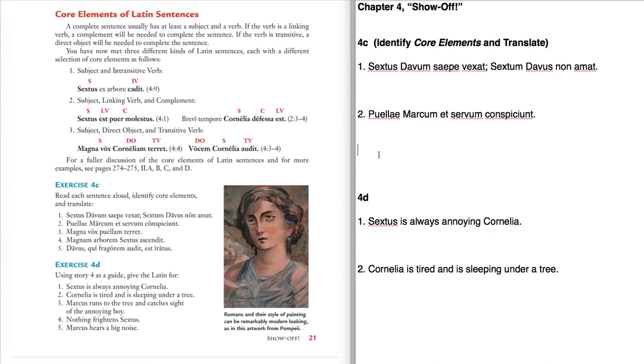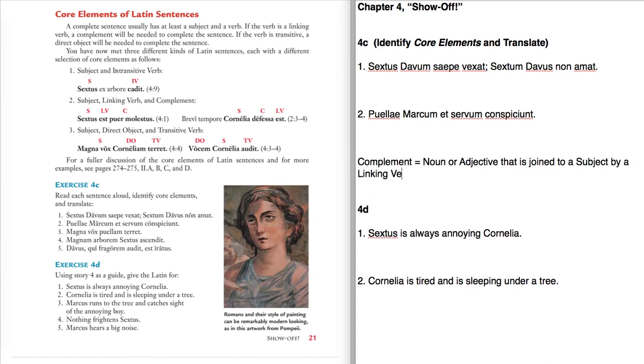A complement is, I'm just going to put this in the middle here. A complement is a noun or an adjective, typically, that is joined to a subject by a linking verb.